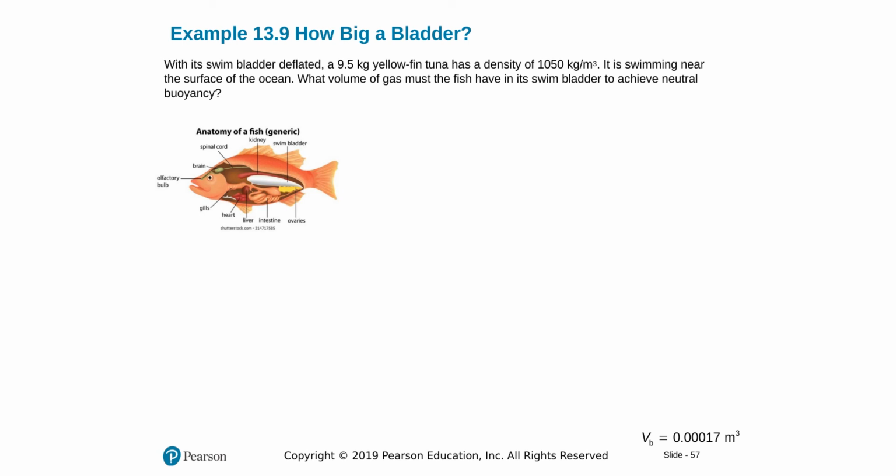The fish has 9.5 kilograms, so mass is 9.5 kilogram. Has a density of 1050, so rho fish, let's call this 1050 kilogram per meter cube. And it's swimming in the ocean.